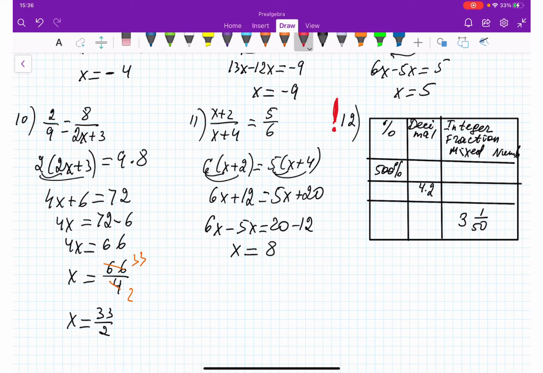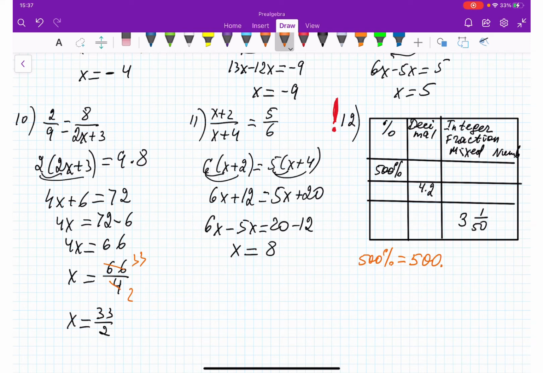500%. So write down 500%. First, to get a fraction or mixed number, I have to convert percentage to decimal notation. To convert it, I have to divide by 100. 500 divided by 100. Remember, division by 100: I'm moving the point by 2 positions to the left. 500, my point is here, right?